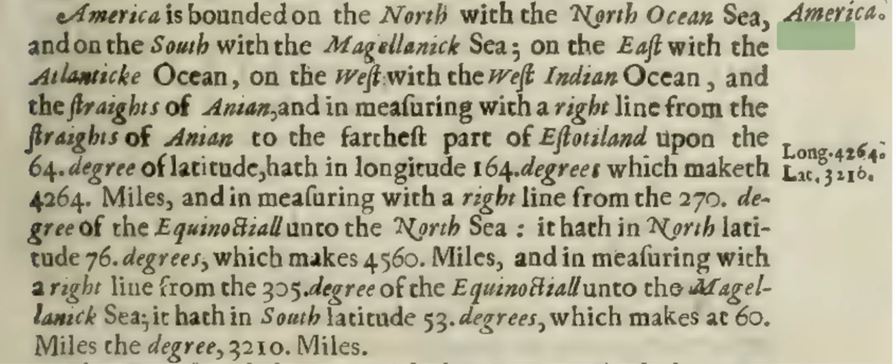And on the east, the Atlantic Sea. And then specifically on the west, the West Indian Ocean. And so on that side that we understand as California right now, that was previously identified as the West Indian Ocean.